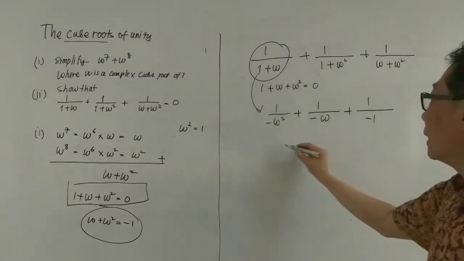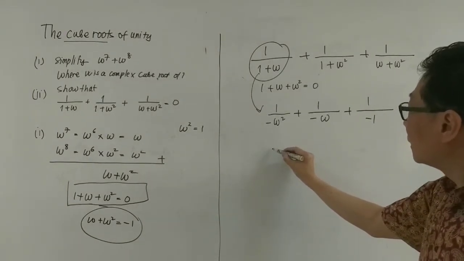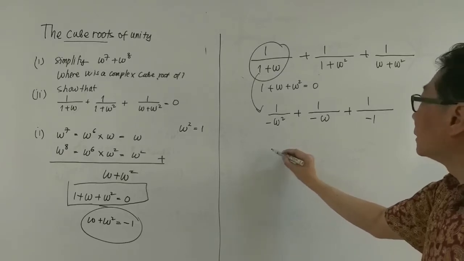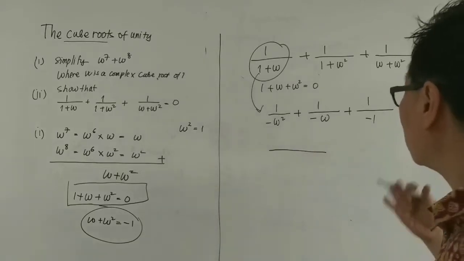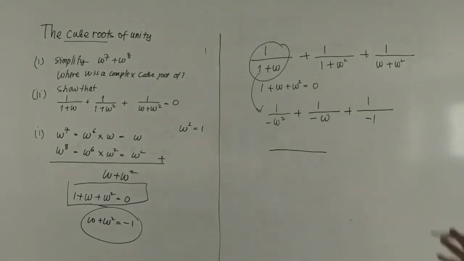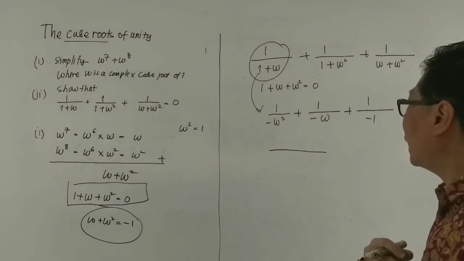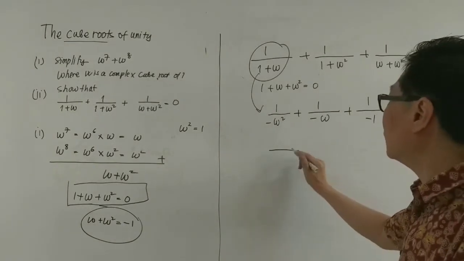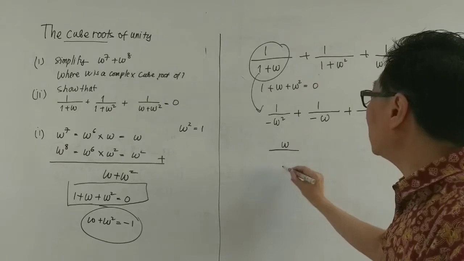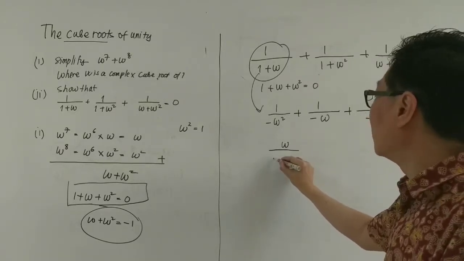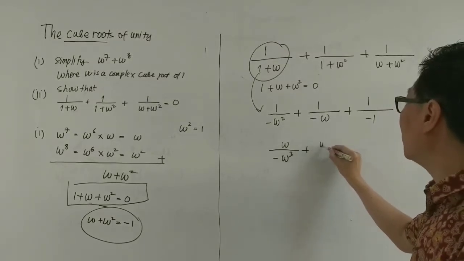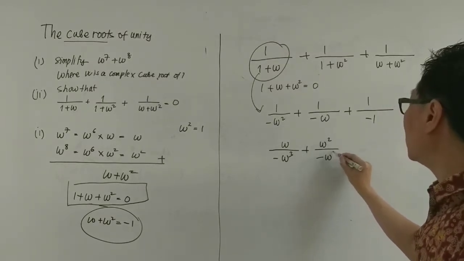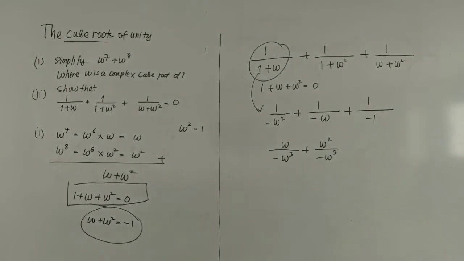So we change to the same numerator: omega minus omega cubed, plus omega minus omega cubed, and this equals minus 1.